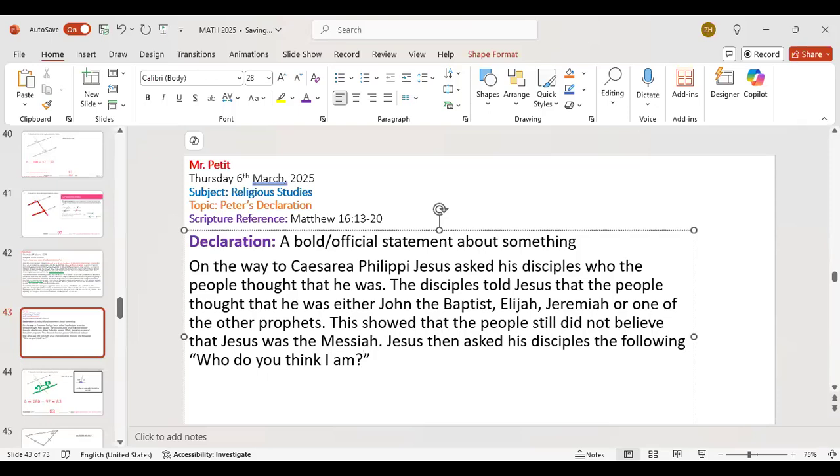Now, when Jesus asked that, what did the disciples say? Peter was the disciple who answered that he was the Messiah. Everyone of the disciples was what?